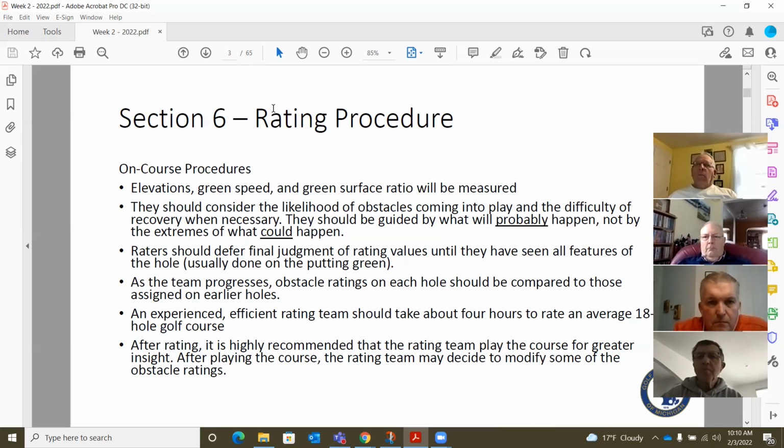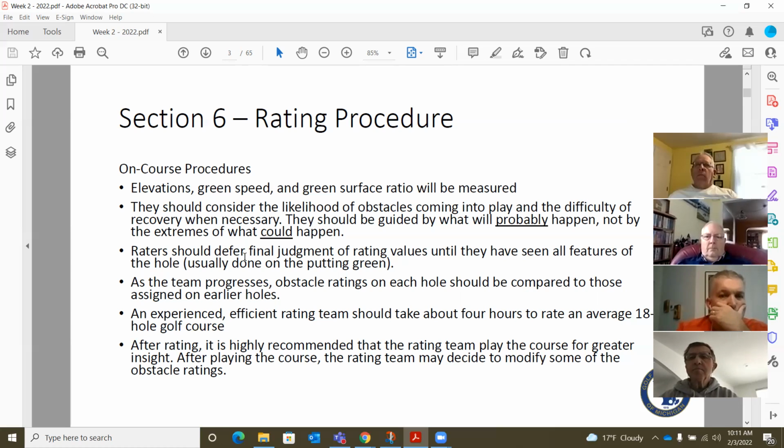So when we're rating certain obstacles, when we're going down the hole, we need to think about what likely will happen, not what happened one time when you played, or if I hit this slope, it will kick 15 yards this way, but I have to hit a perfect shot to land exactly in that spot to do that. We're talking about probability and the likely scenario happening, not just one extreme outlier that could happen, negative or positive.